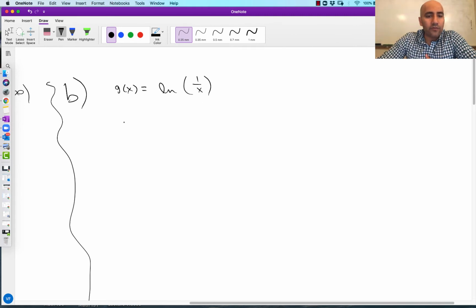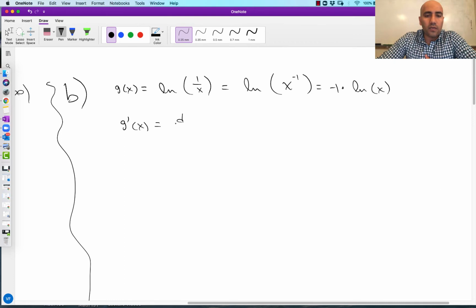So if we take derivatives, the first derivative is going to be equal to, well, let's begin by changing this. This is equal to ln of x to the negative 1 power. And we know that we can bring that negative out in front, so this would be negative 1 times ln of x.